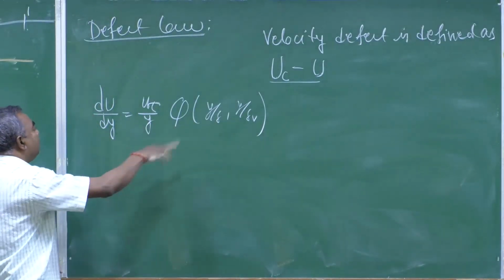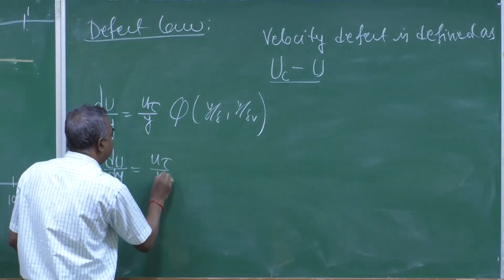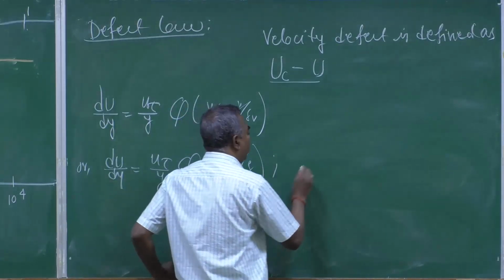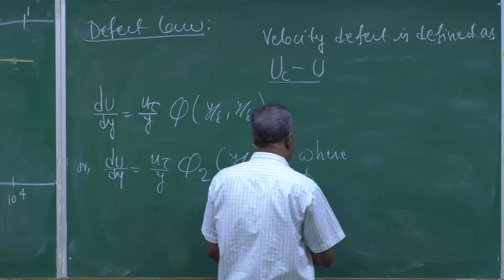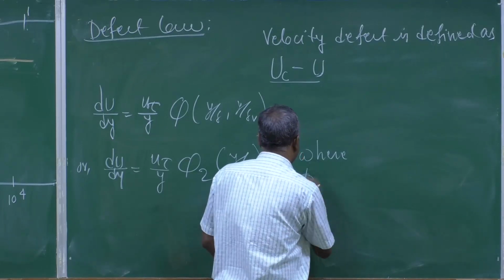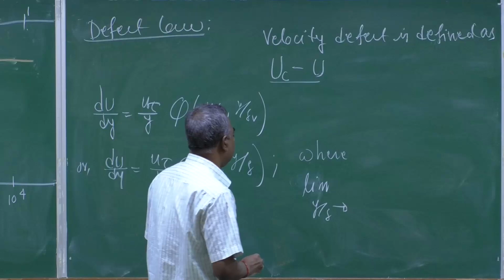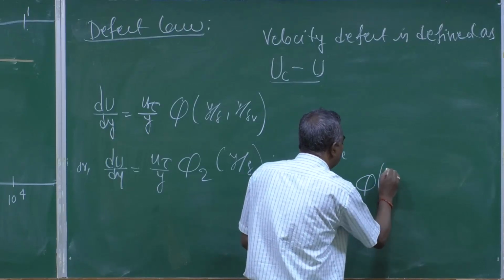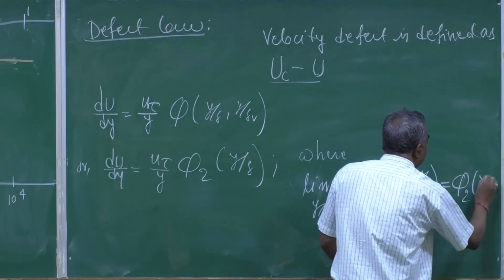So in that case, this function can be written as phi 2 of y by delta, where for y by delta tending to infinity, when this value is very large, the function can be approximated as phi 2 of y by delta.